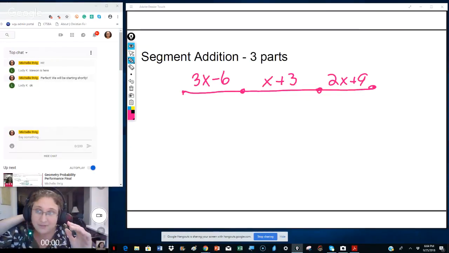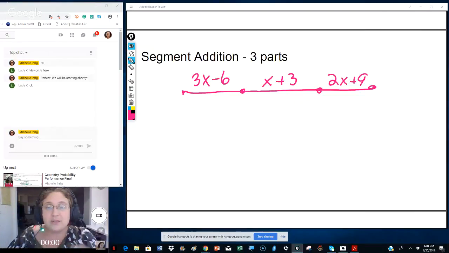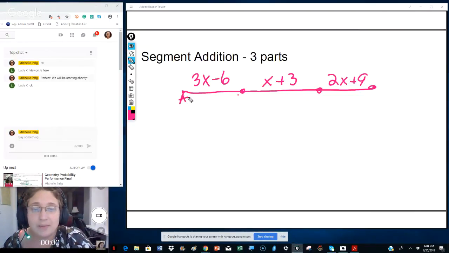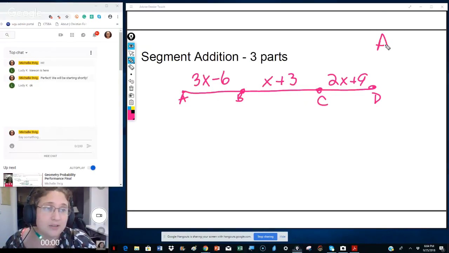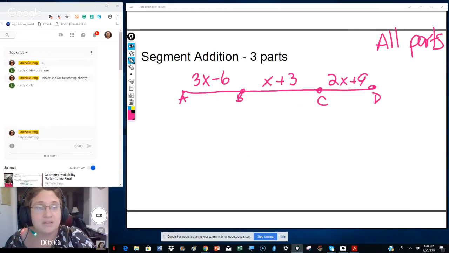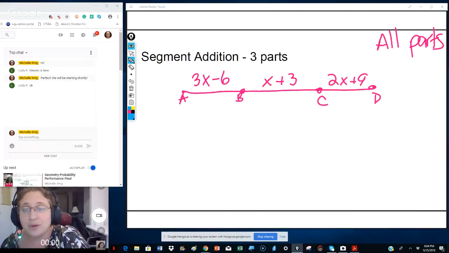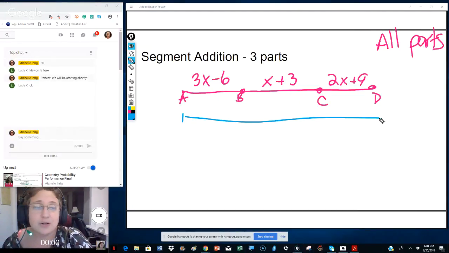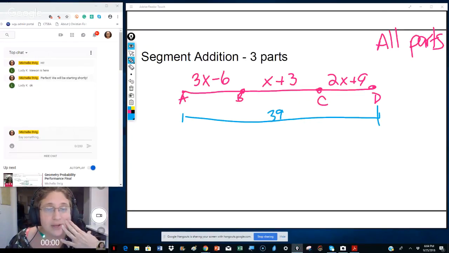And we still have to figure out what each of these values are. Now, for our case, I'm going to make it more challenging, and I'm going to say we need to find all parts. So after we find our x, we're also going to have to find out AB, BC, and CD. So perhaps they would have told you that this entire measurement, all of AD, is, let's say, 39. And we have to figure out what it is from there.